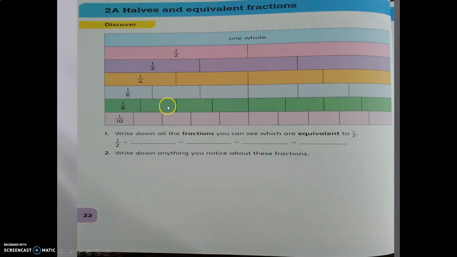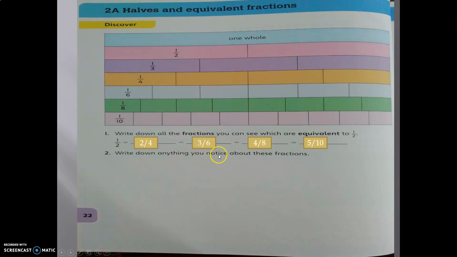Look how many green parts equal the half. 1, 2, 3, 4. So 4 out of 8. So let us see the answers. So 2 out of 4 is equivalent to half. 3 out of 6 is also equivalent to the half. 4 out of 8 is also equivalent. And 5 out of 10. 5 parts out of this 10 are equal to the half.